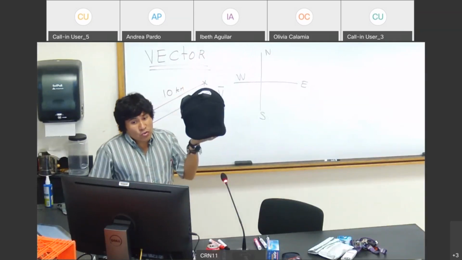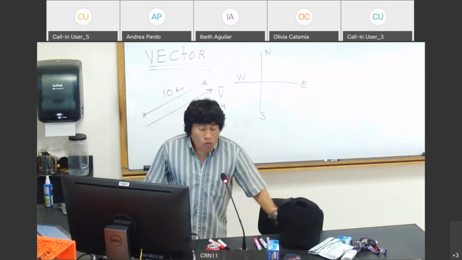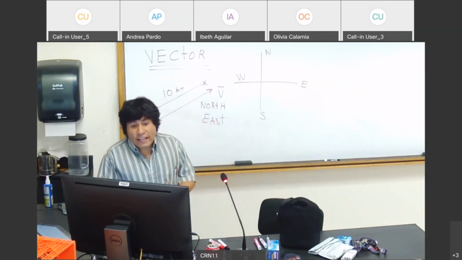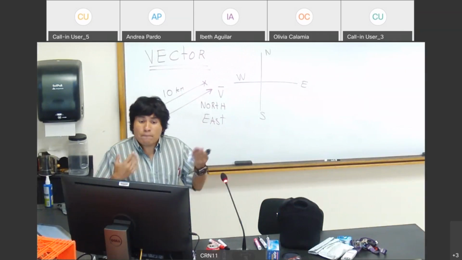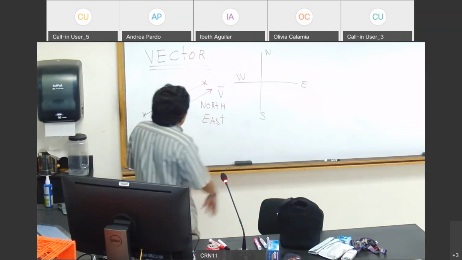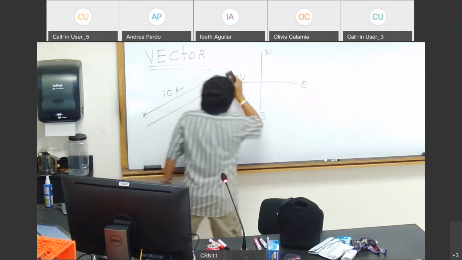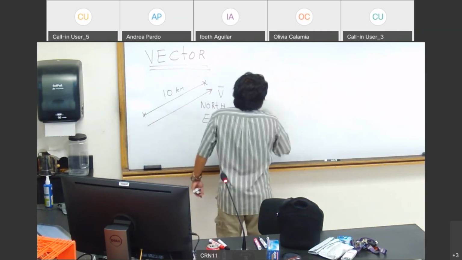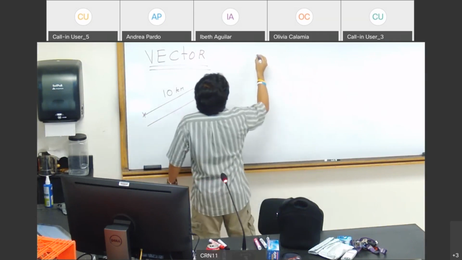So when we start introducing Newton's laws, we need to be comfortable with the idea of vectors, so we can understand the magnitude and the direction of the force. And for motion, we need to know if a mass is moving to the right or to the left. So let's look at the sign convention.